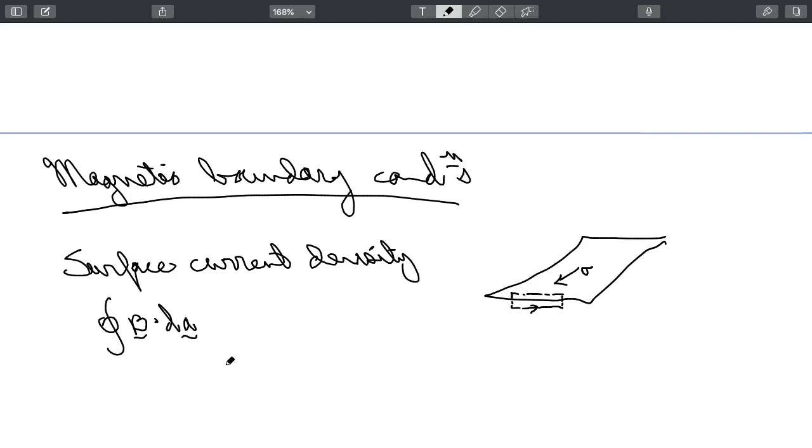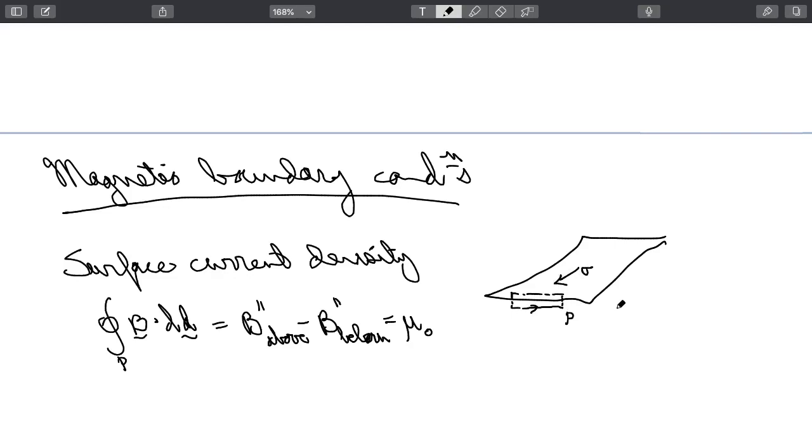If you look at B dl over this little path, what is this? This is really the B parallel above minus B parallel below, and by Ampere this has to be equal to mu 0 times the surface current that I have here.